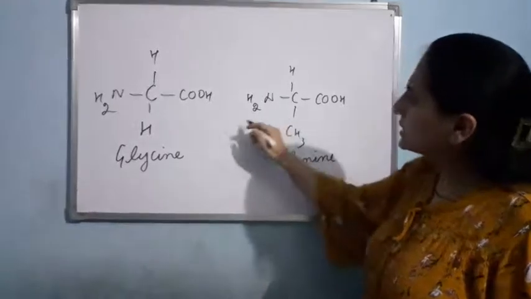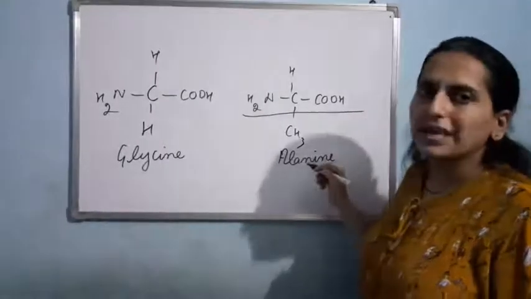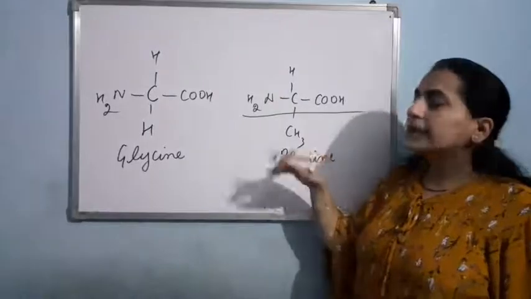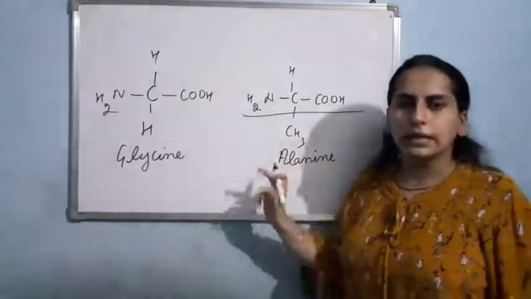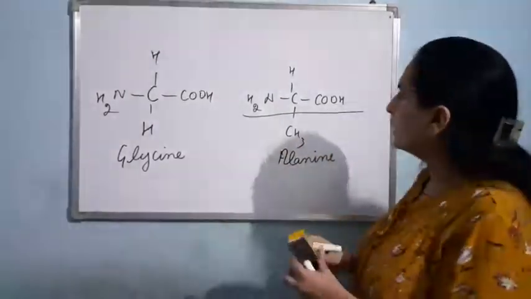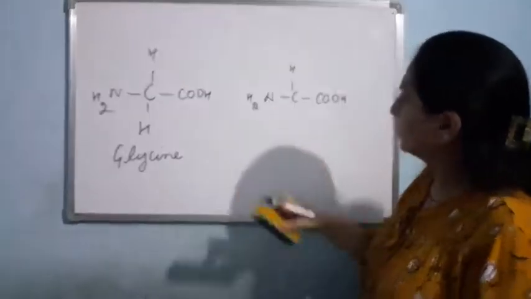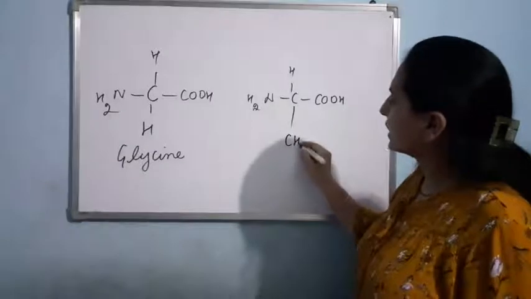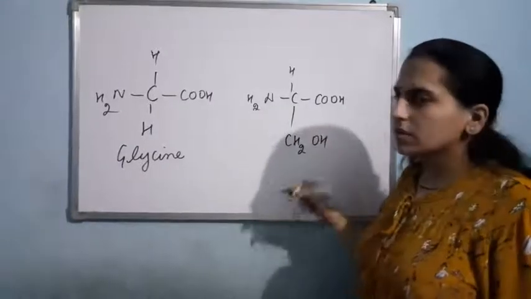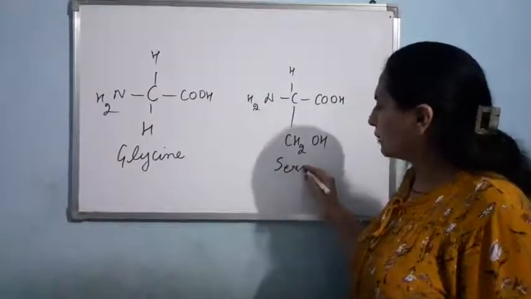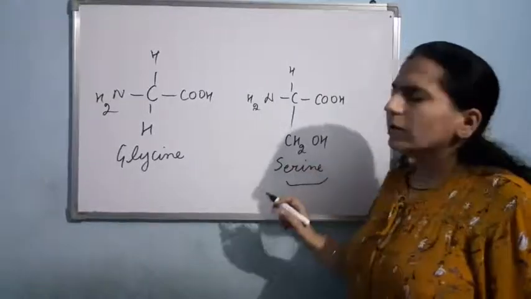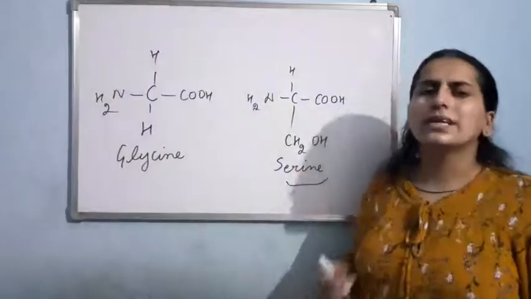Are you getting me? Means this structure is same in all the amino acids. They differ in this R group only. Let me give you one more example. Suppose if this CH3 group is being replaced by CH2OH, then this will become serine amino acid. So like this, so many types of amino acids are there.